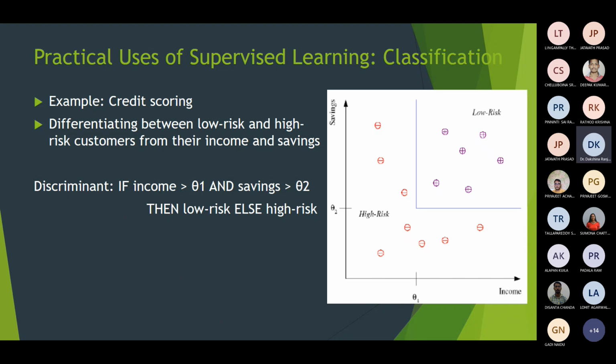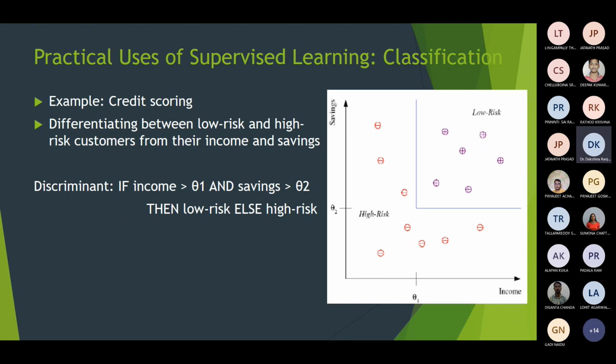Here you can see the red circles, which make one group denoted as high risk customers, and the purple circles make another group of low risk customers.